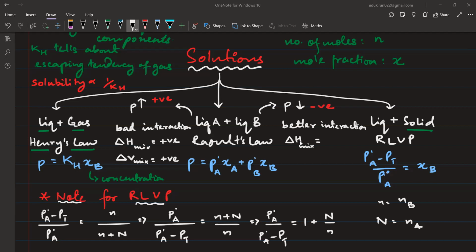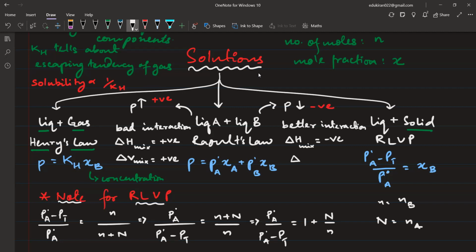Enthalpy of mixing for negative deviation will be positive or negative or zero? Yes, Aksa, tell me. Negative. It will be negative. Why will it be negative? Because when we are mixing it, it is giving me better interaction, and better interaction is going to be exothermic.